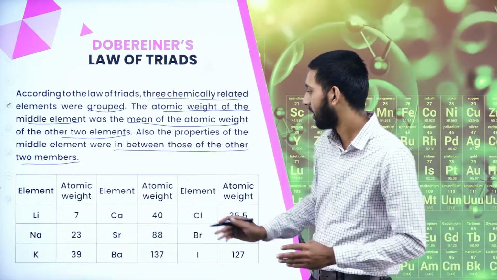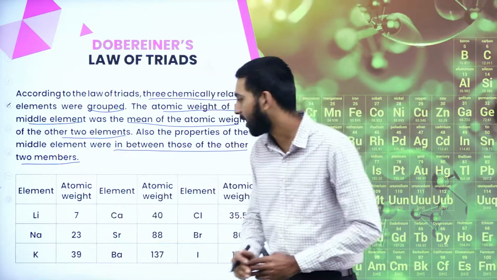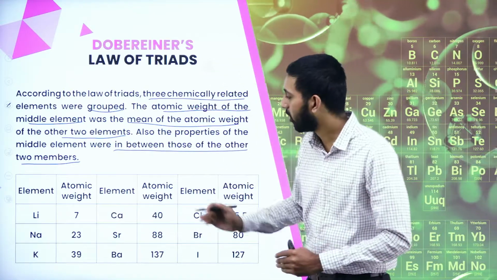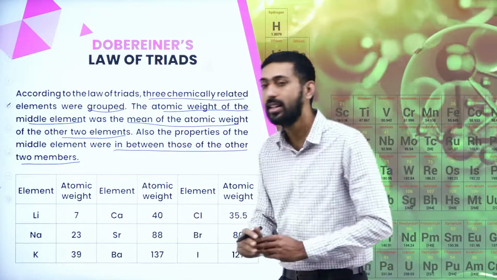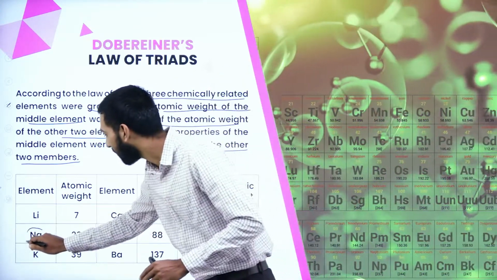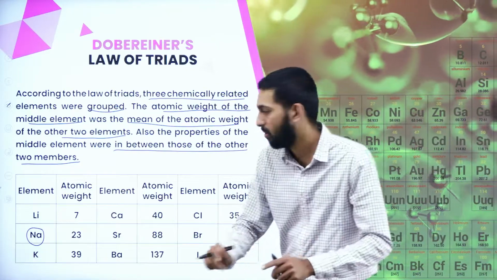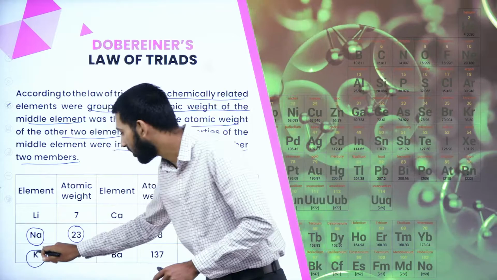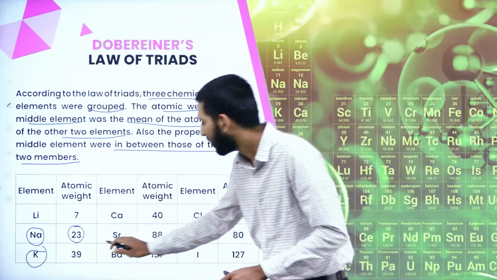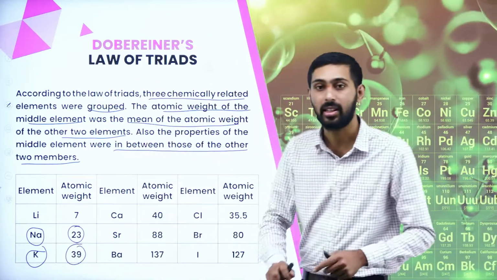Means here now let us take lithium. Its atomic weight is 7. Okay, atomic number is how much? Its atomic number is 3 and atomic weight is 7. And the atomic number of sodium is 11 but its atomic weight is 23. Potassium's atomic number is 19 but its atomic weight is 39.